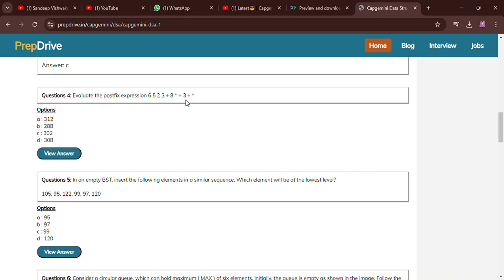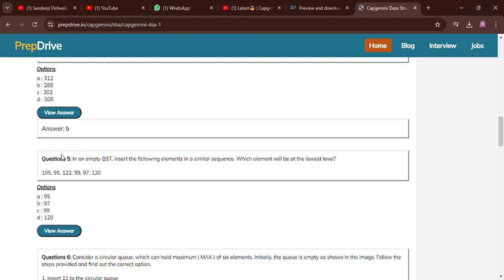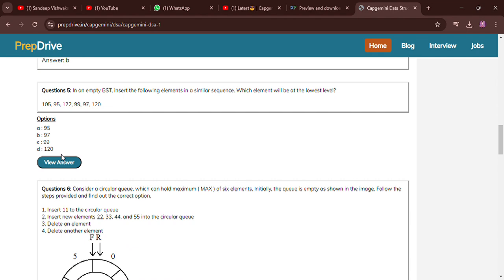The answer is 48, then push it into the stack, then multiply, so 6 and 48 are taken from the stack and we apply multiply. 6 into 48, so we can say 288 will be the answer.